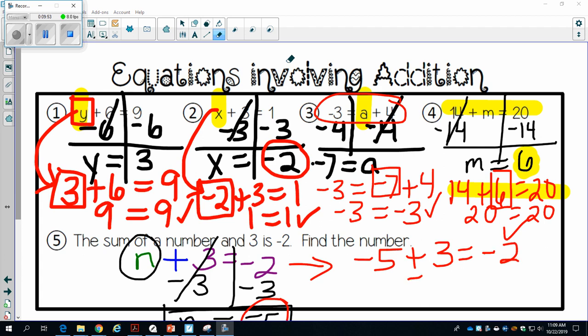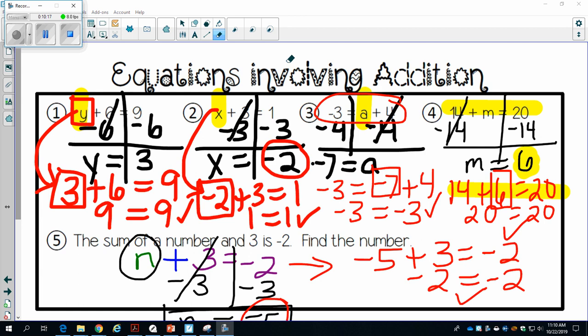I can confirm that in my calculator. And negative 2 is equal to negative 2. So that one checks. And these are all examples of equations involving addition. To undo addition, we are going to subtract. Or to undo adding a positive, we're subtracting a positive, or adding a negative. You can think of it either way.